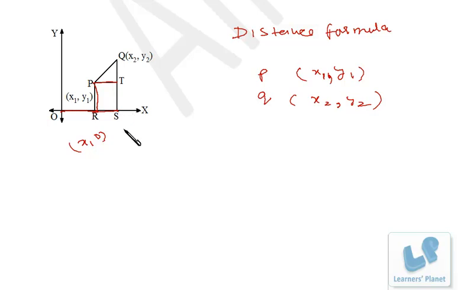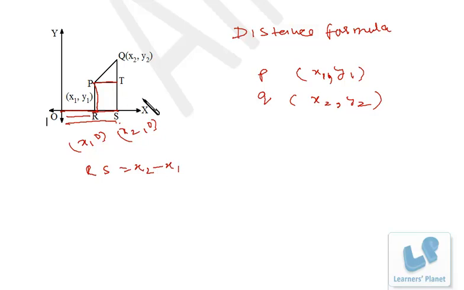So the coordinate of S will be x2, 0, right? This complete distance is x2, this complete distance is x1. That means the distance RS will be what? This minus this. Getting my point? This minus this. That means x2 minus x1. So RS is x2 minus x1.